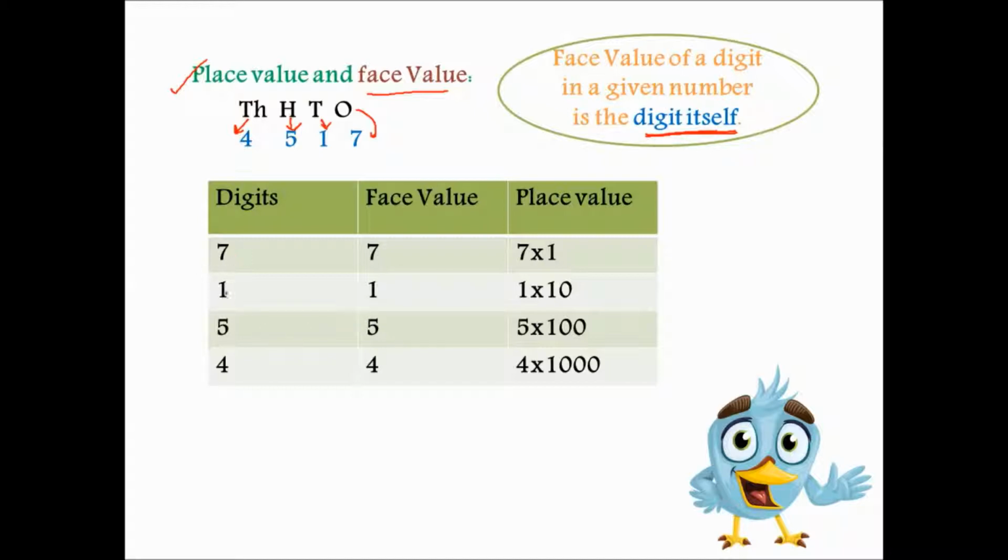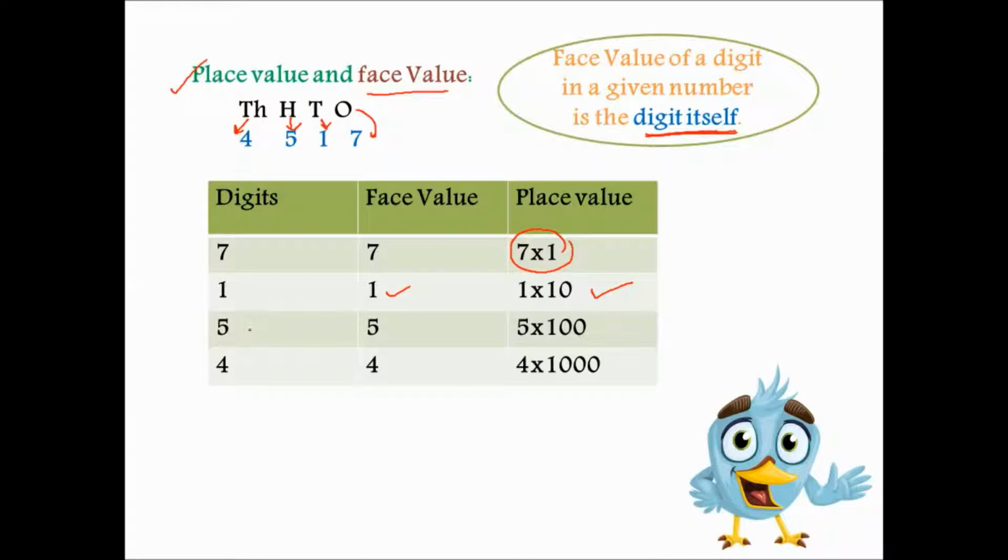Suppose the number is 4517. In this case, the face value of 7 is 7 itself, and its place value is 7 into 1. Then the number 1: the face value of 1 is 1 itself again, and the place value is 1 into 10.